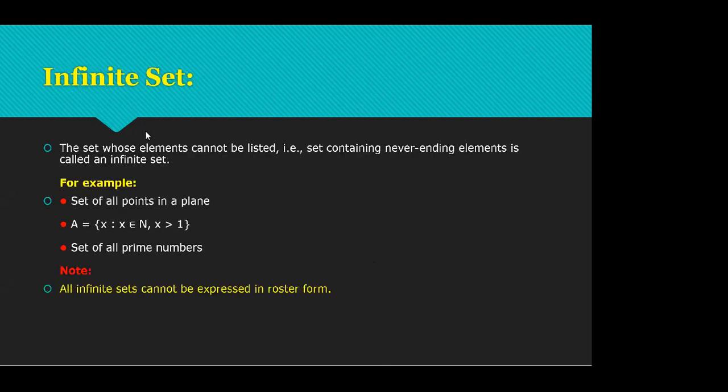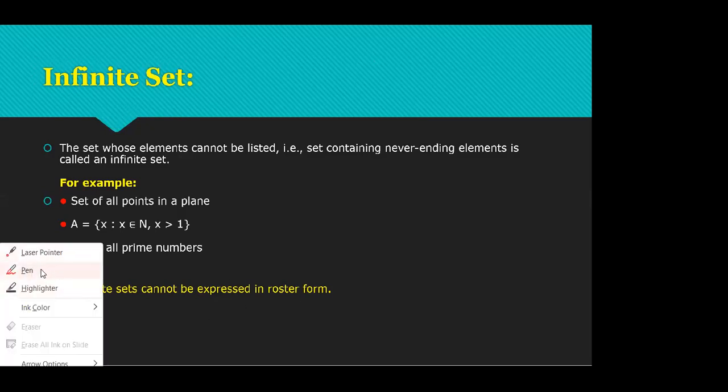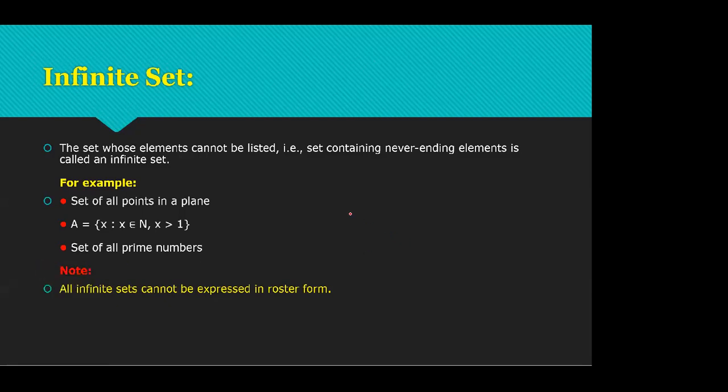How about the infinite set? The set whose elements cannot be listed. A set containing never-ending elements is called an infinite set. An example here is the set of all points in a plane. So, for example, I draw a line like this.